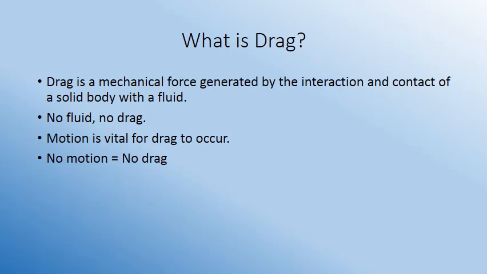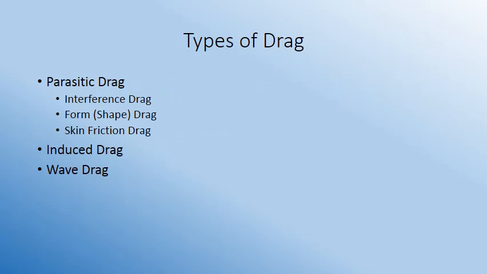For our purposes, air will act as our fluid and, unless otherwise specified, the wings of a regular, commercial aircraft will act as our body. There are three main types of drag. The first type is parasitic drag, which is divided into interference drag, form drag, also called shape drag, and skin friction drag.